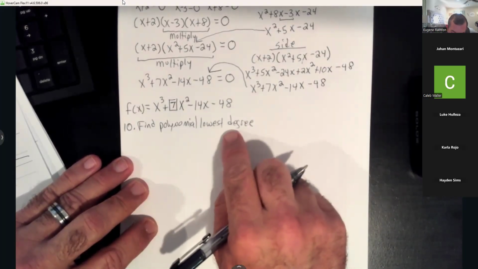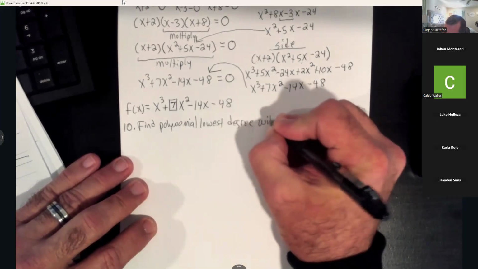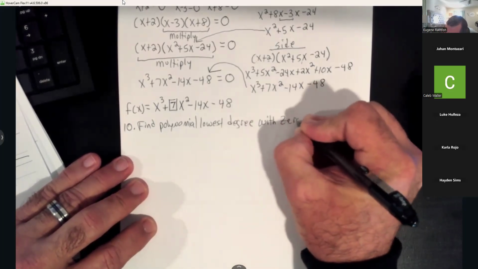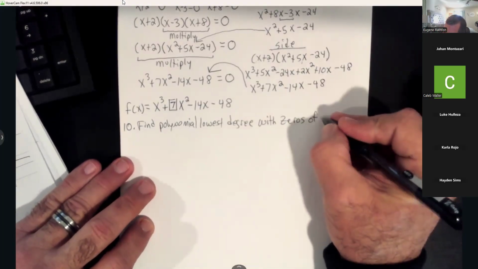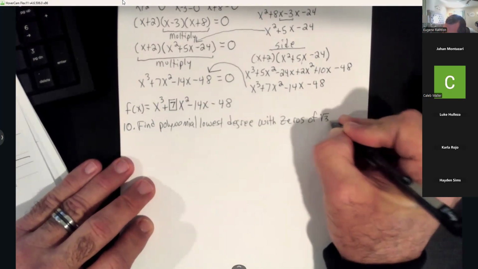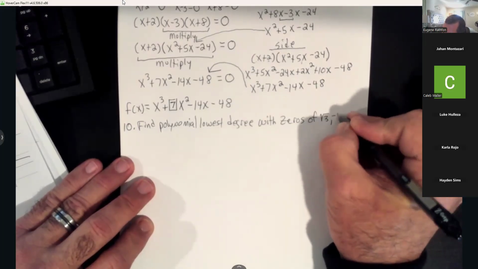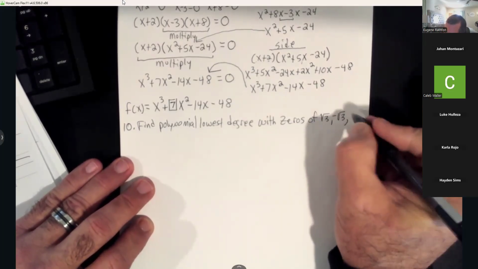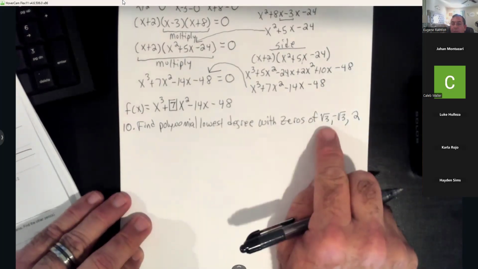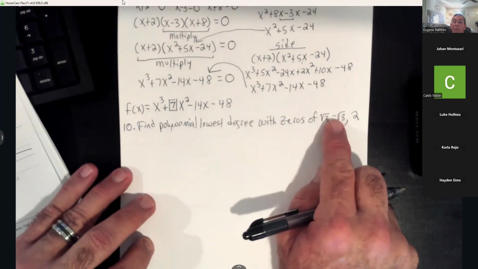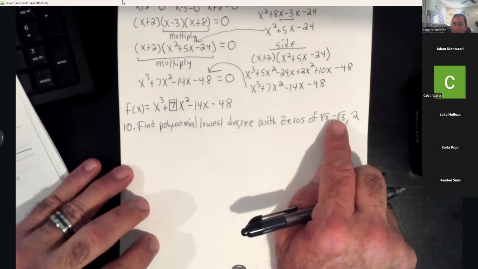They're just saying lowest degree with zeros of square root of 3, negative square root of 3, and 2. So the difference is this one's giving me a couple radicals on this one, okay?